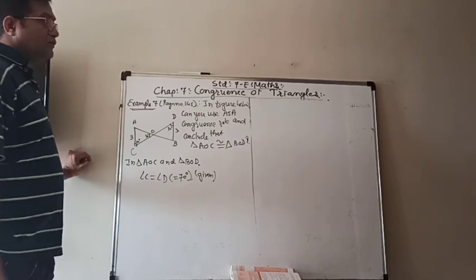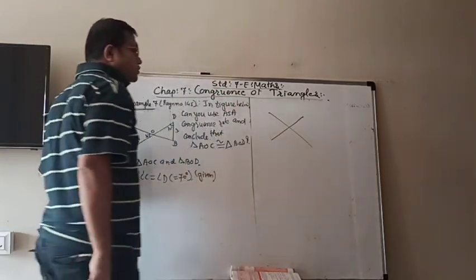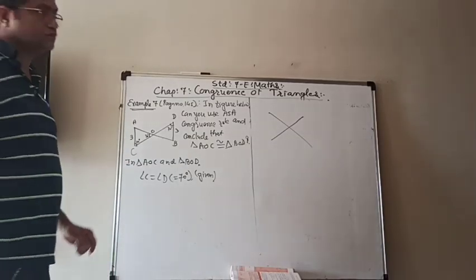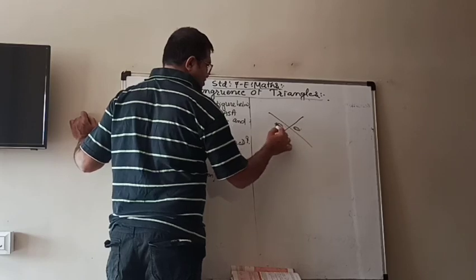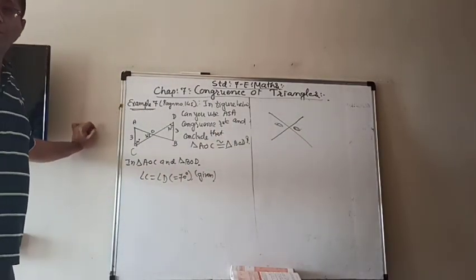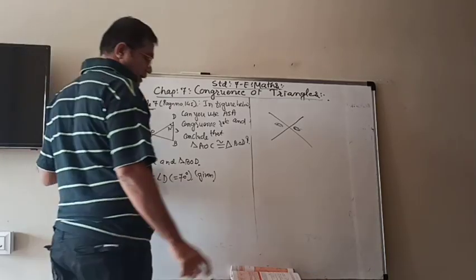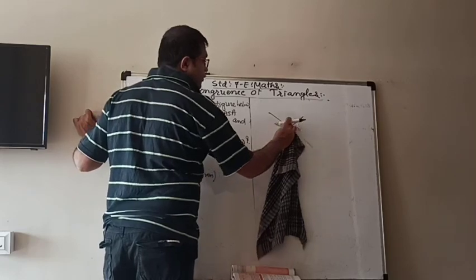Now we learn that when two lines cross each other, what are these angles called? What is this pair called? Vertically opposite angles. And the measures of vertically opposite angles are always equal.